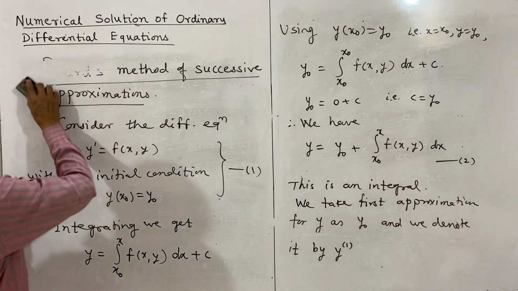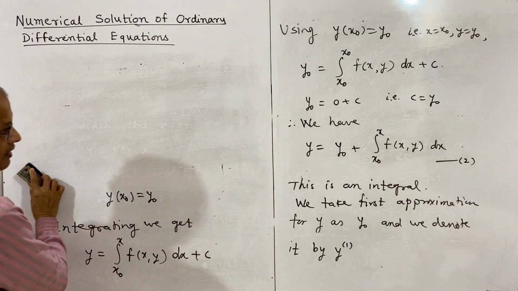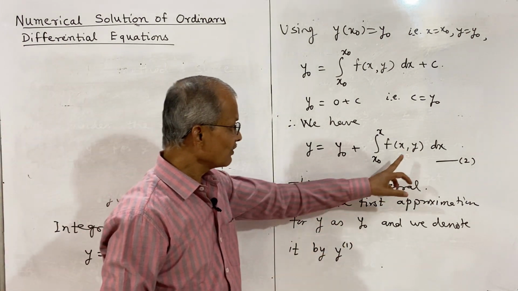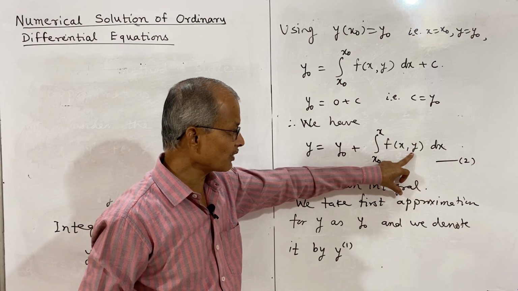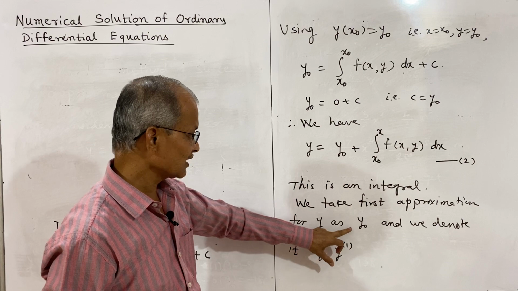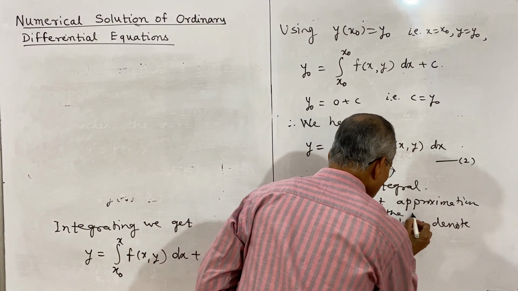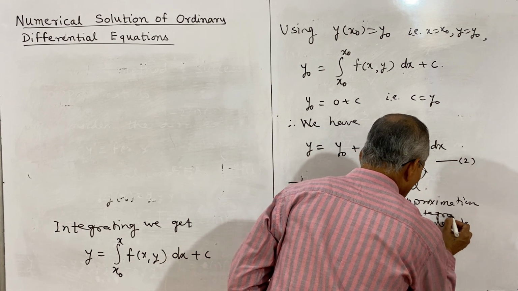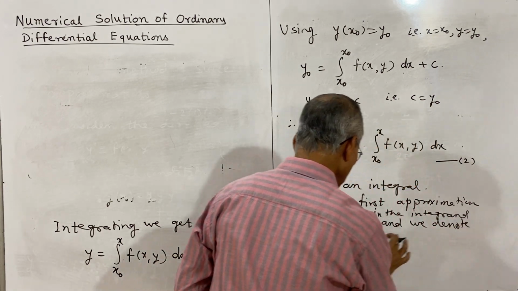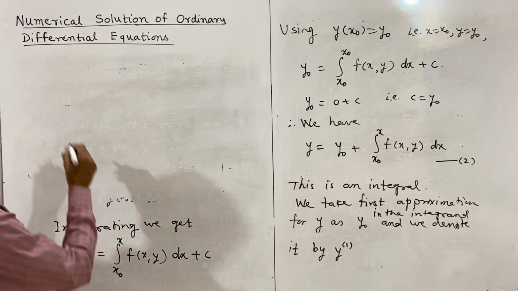Y1 we will have as, what we are doing is we are taking this first approximation for y, that is y naught, in the integrand, and we denote this approximation of y as y1.